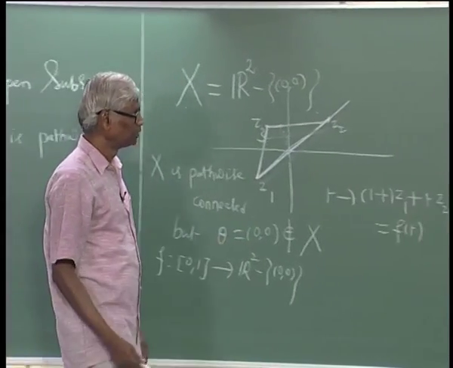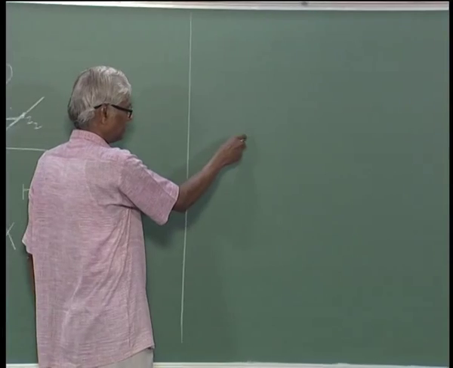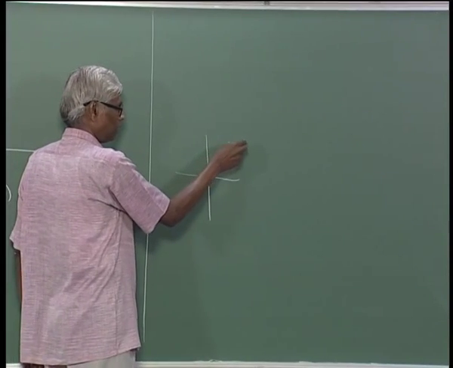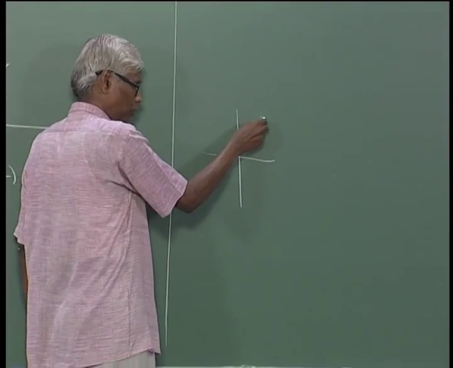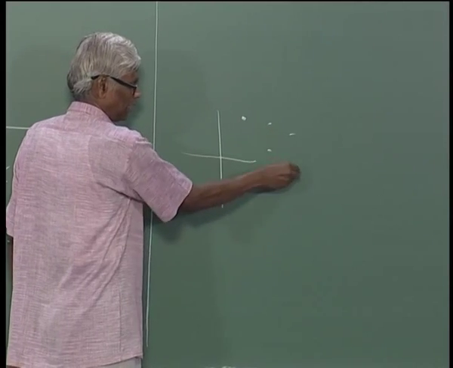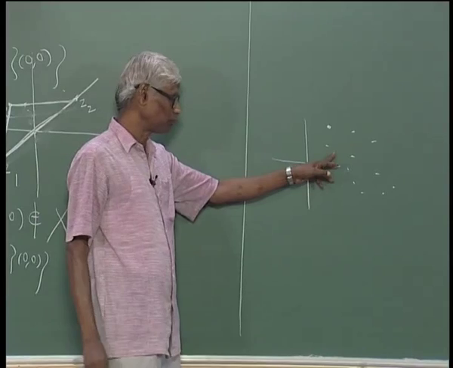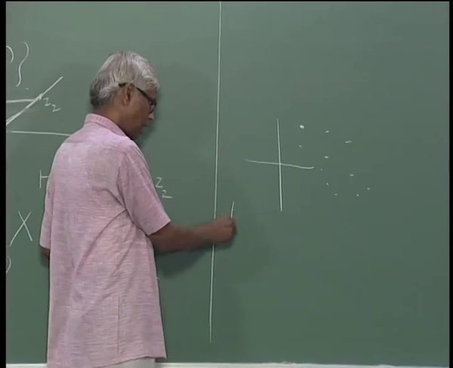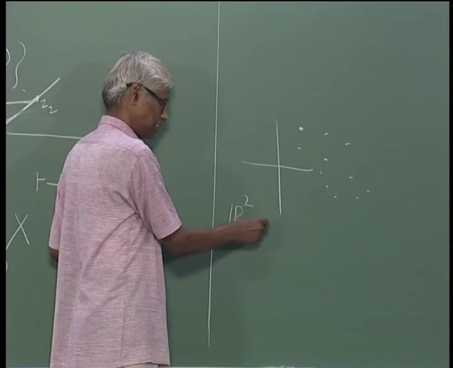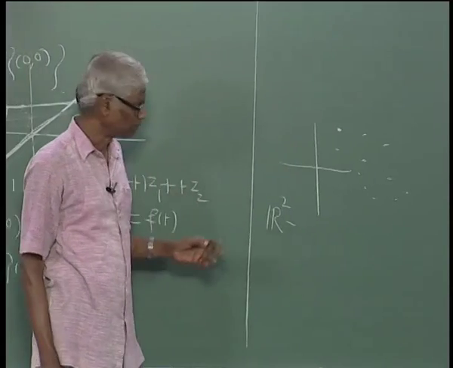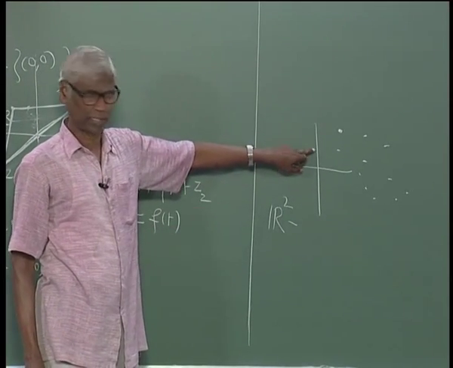In fact, you can prove that not only one point, if we remove any finite number of points, it is easy to see that R2 difference that finite number of points will remain pathwise connected.